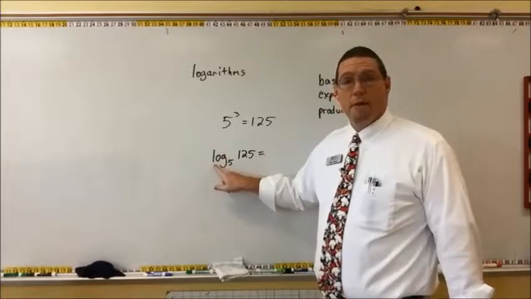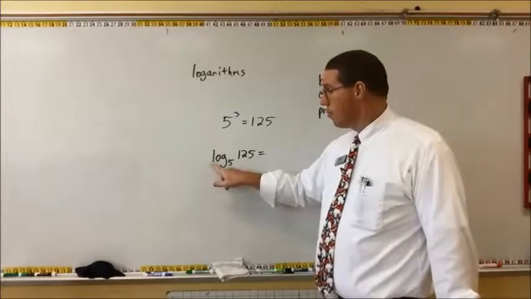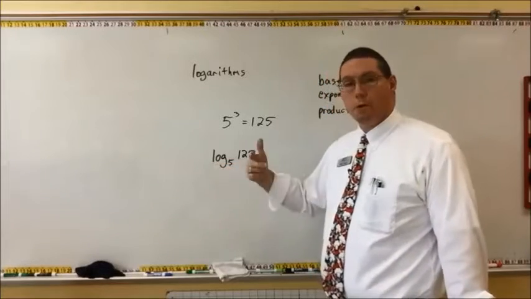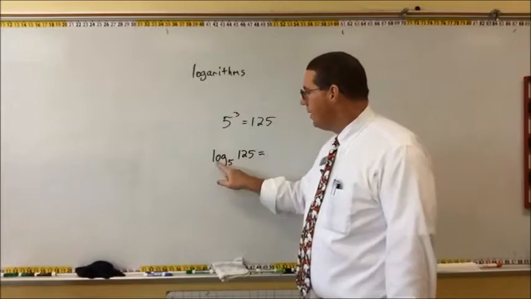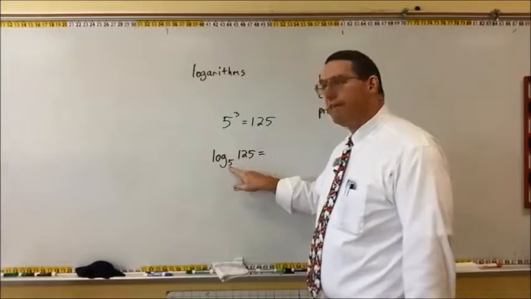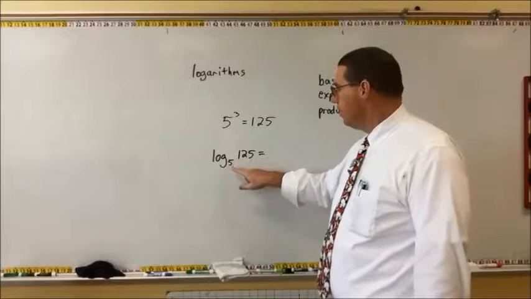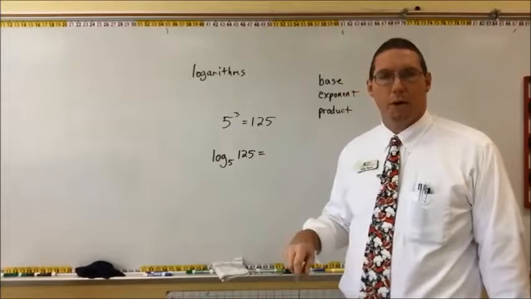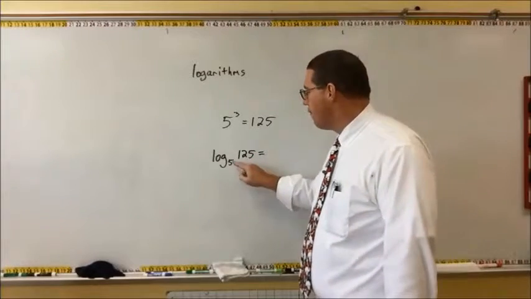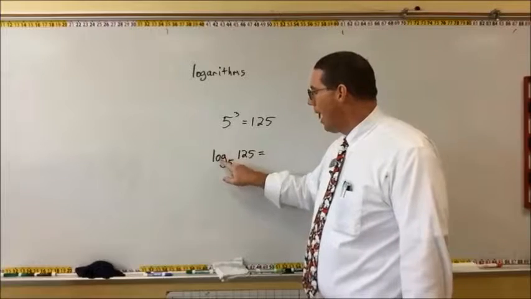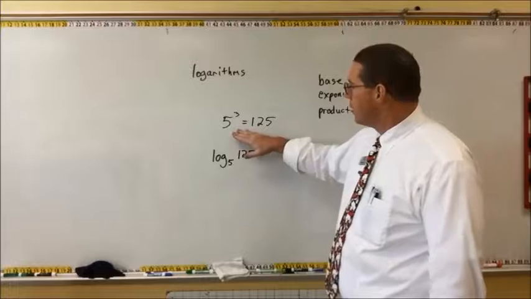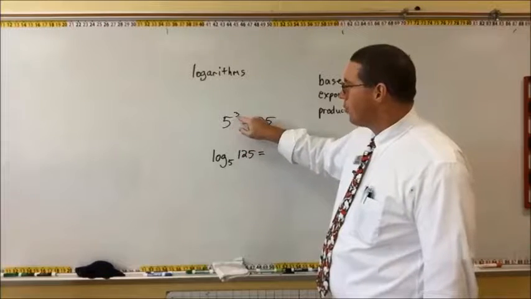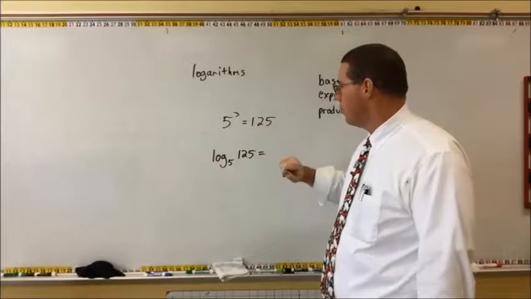a logarithm is an exponent. So we're going to say what exponent. When you see the word log, you're saying what exponent. What exponent on 5 will give you an answer of 125? Or it's saying 5 to what power is equal to 125? Well, if we look up here, we can see that 5 to the third power is equal to 125.